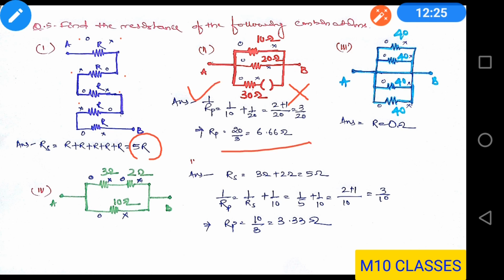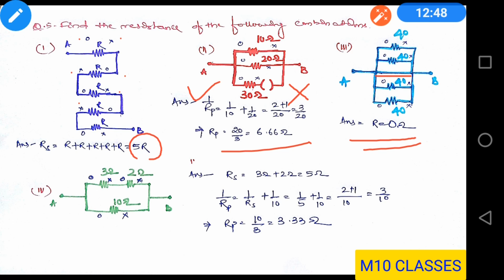Okay. Now coming to the third question, 40, 40, 40, 40, 40 ohm resistances are there, but still the resistance is 0 ohm. Now you might be thinking that sir is making some joke here. Now see here, between A and B there is a short circuit.